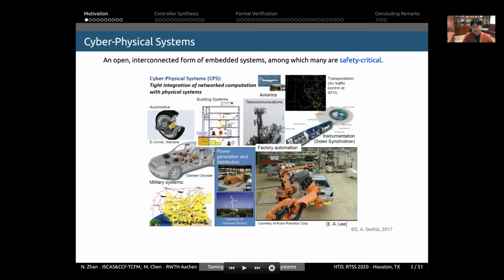Particularly, many of these systems are safety critical, means any error could result in catastrophic results. So, how can we provide people with a cyber physical system so that they can bet their lives on is a grand challenge for computer science and control theory.